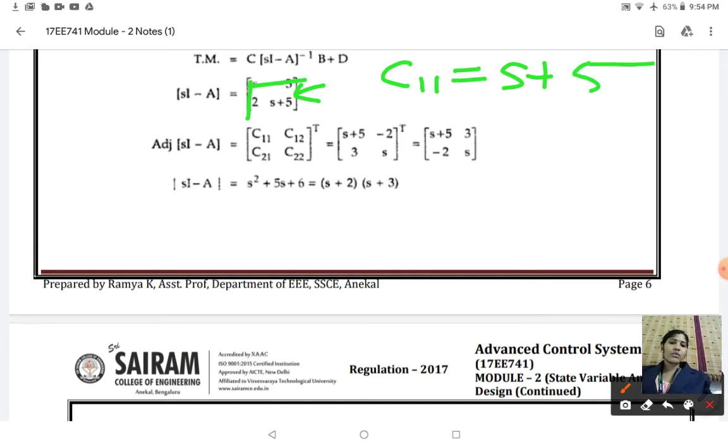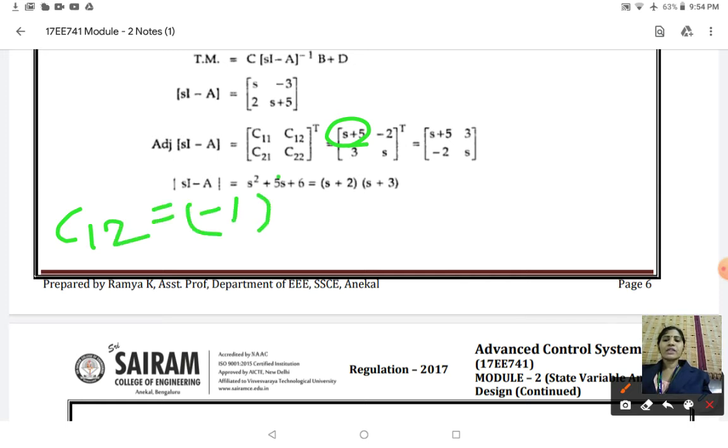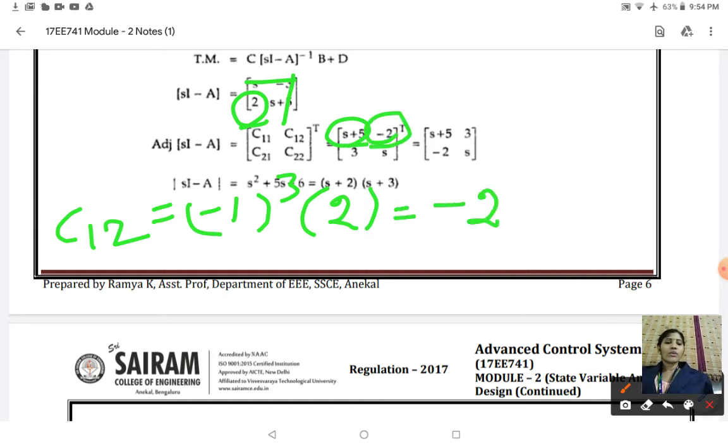Now what is C12? C12 is first row, second column. You have obtained C11 as s plus 5. Now C12 is equal to minus 1 to the power of 3 times the minor of the first row, second column element, which is 2. So the answer is minus 2. That is your C12.